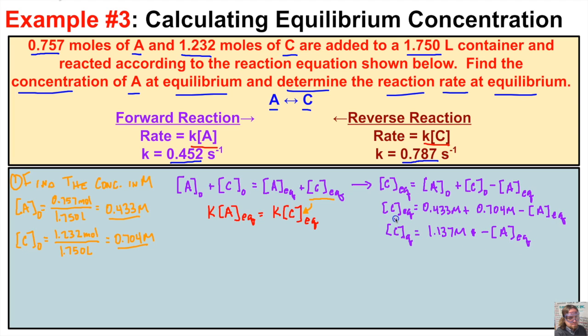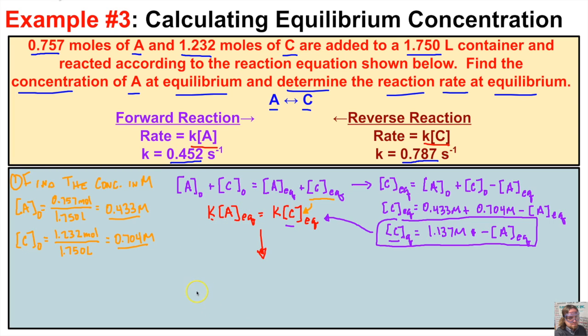And so what we can now do with this right here is substitute this for this right here in this formula that we see right here. So we're going to substitute this whole expression for this right here. So let's go ahead and do that. Write down here, first of all, K times the concentration of A at equilibrium.